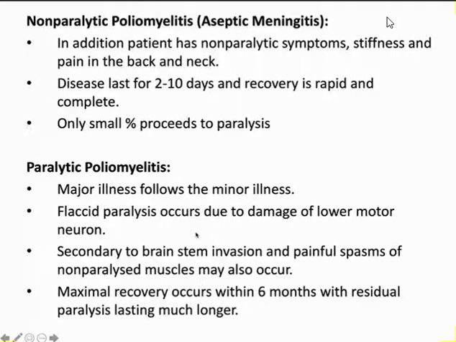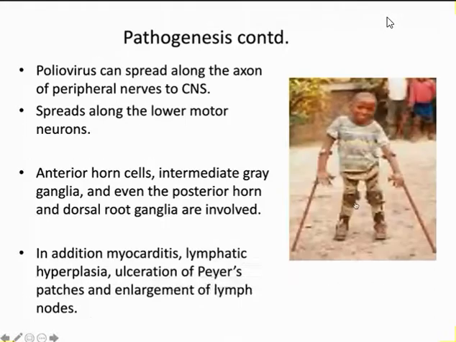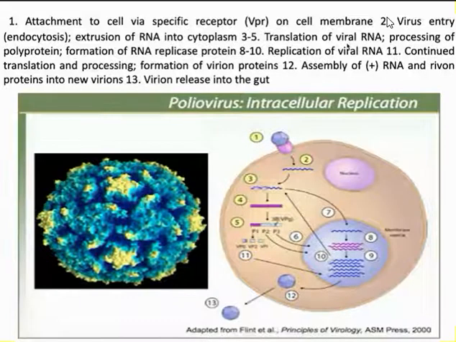This is very important because it may persist for life. See here, this is shown in the figure. Due to the polio, there is a disability for the whole life. This is more about the pathogenesis.